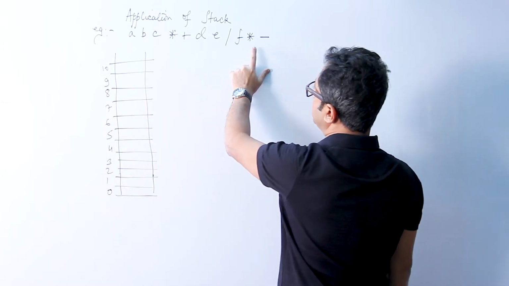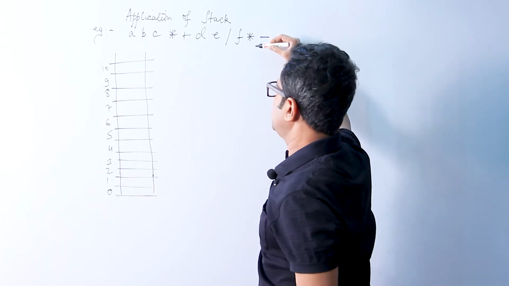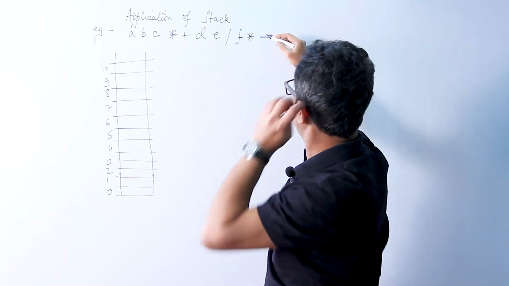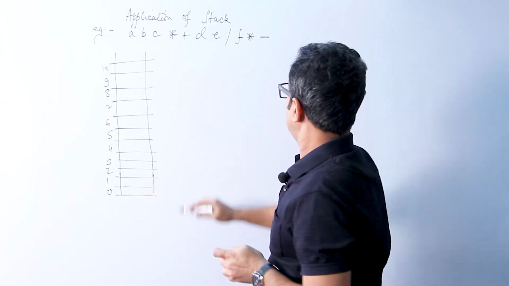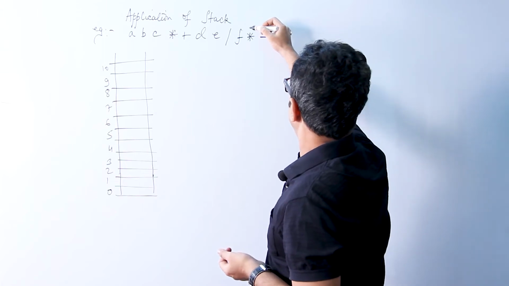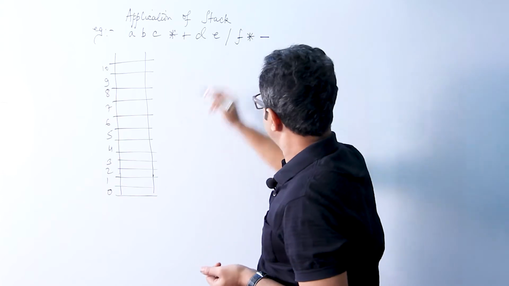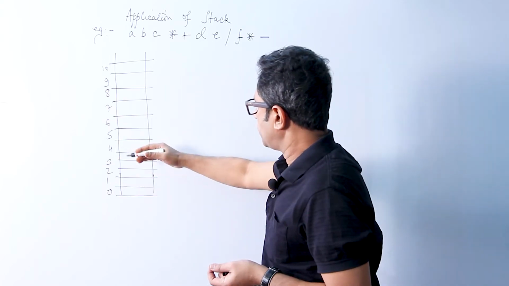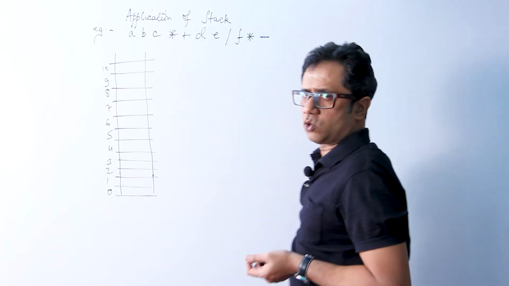First, we are going to insert the elements in a fashion that is from right to left. That is, we will take this minus first and put it onto the stack at the 0th position of the stack, and then I will go on to insert or push the star or the asterisk operator into the top of the stack, and above that F, and above that slash, and so on and so forth.